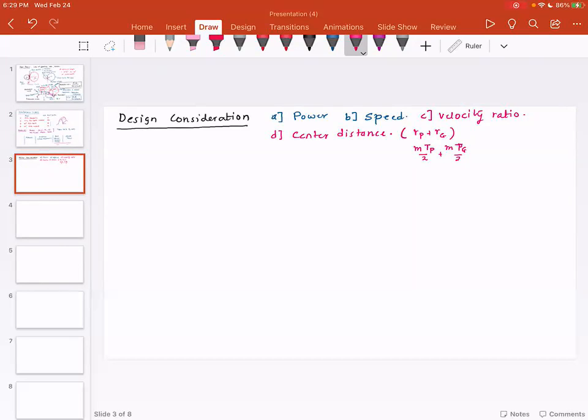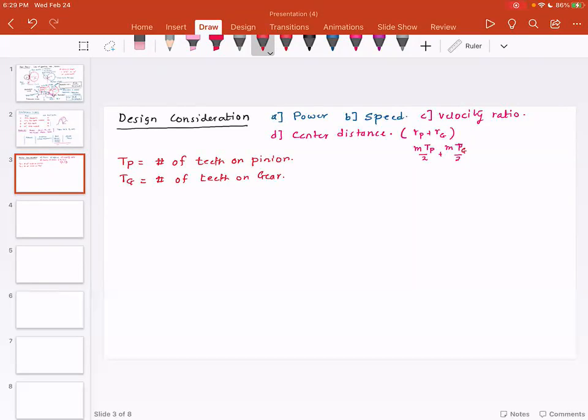So this center distance is an important consideration. And one thing I want you to note is I'm denoting TG as the number of teeth on gear. So TP is number of teeth on pinion, and TG is equal to number of teeth on gear.